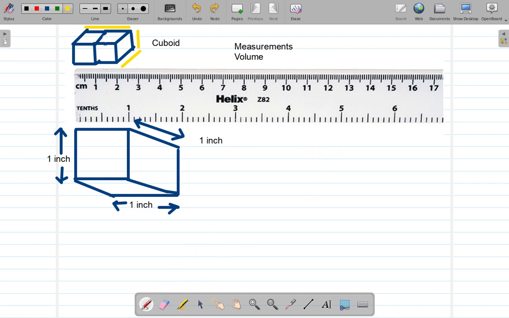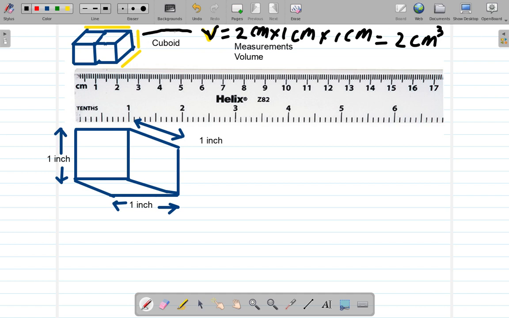The volume of this cuboid is 2 centimeters, the width, multiplied by the height, 1 centimeter, multiplied by the length, 1 centimeter. 2 multiplied by 1 multiplied by 1 is going to be 2, and the unit is centimeter, 1, 2, 3 of them multiplying, so it's centimeter cubed.